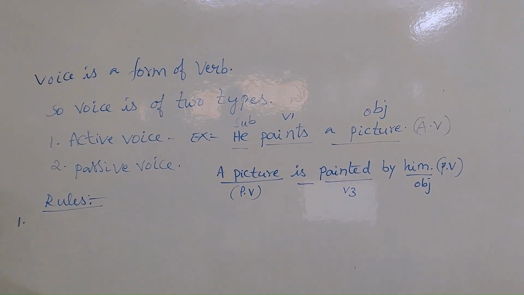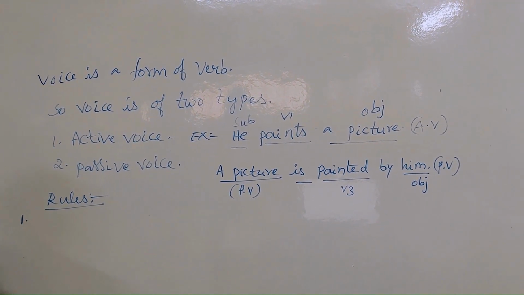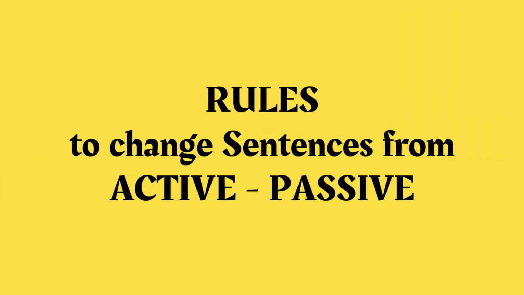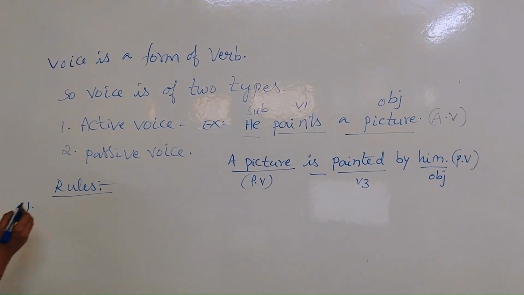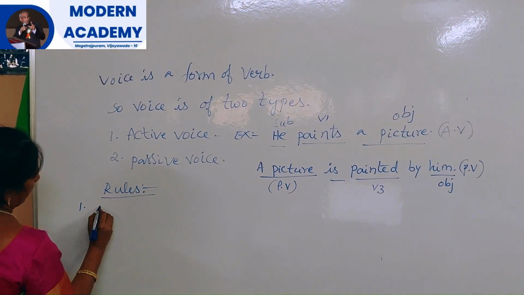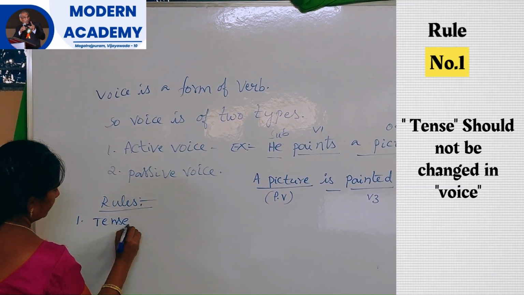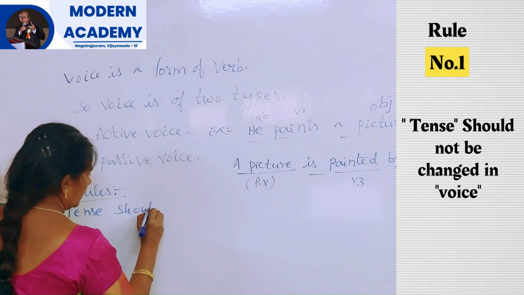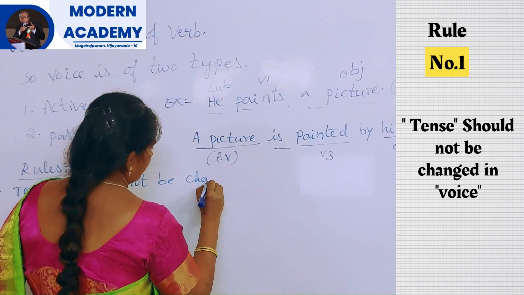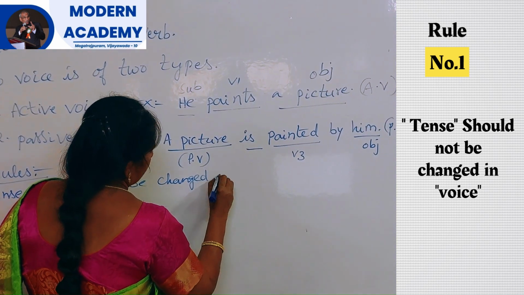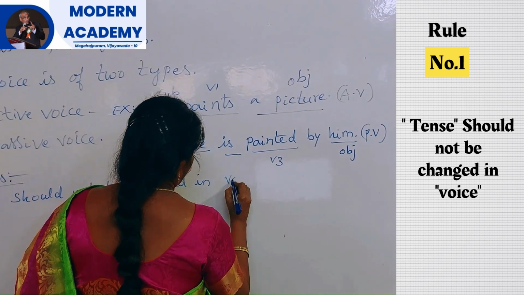Now let us see the rules to change sentences from active to passive voice. Rule number 1: tense should not be changed in voice.